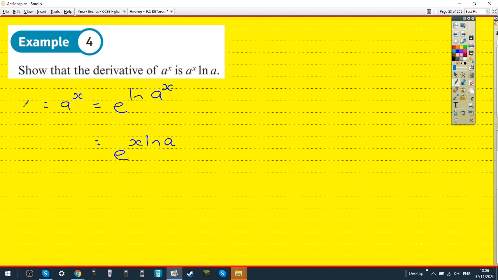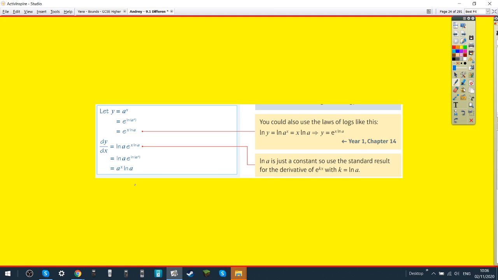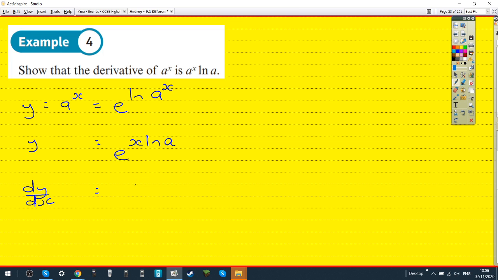So if that's equal to y, then dy/dx would be the derivative of the function. e to the x ln a. ln a, yes. So ln a is just a number. So e to the ln a x.